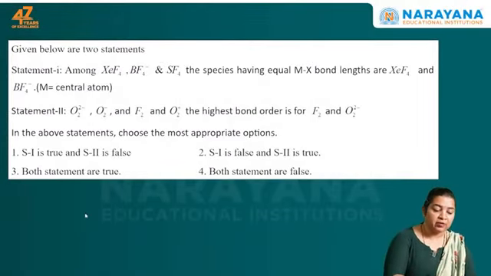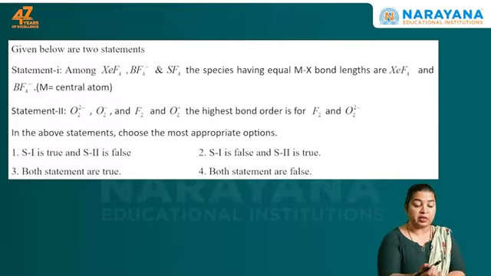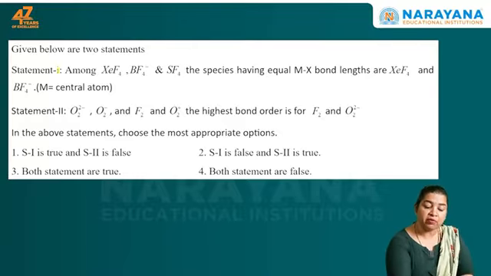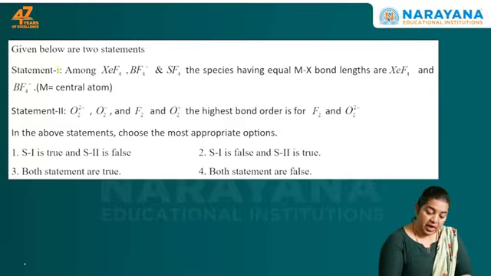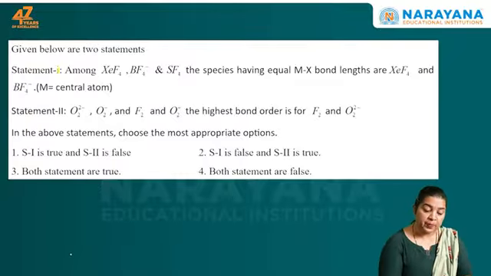So here we are with the next question. Given below are two statements, statement 1, statement 2. What does statement 1 say? Among XeF4, BF4 minus and SF4, the species having equal M-X bond lengths are XeF4 and BF4 minus.